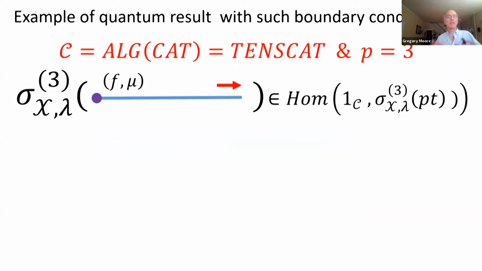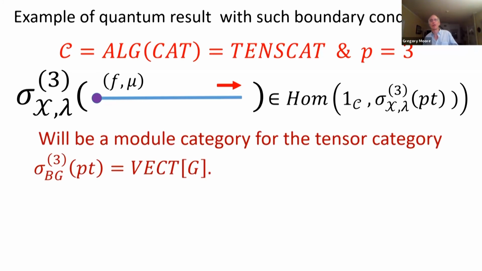And let's consider the value of this theory on a morphism from the empty set to a point where we put the boundary theory determined by f and mu on one side. So this is a morphism from the empty set to a point. So it's an element in the Hom space in the Morita category from the unit to the value of sigma 3 on a point.